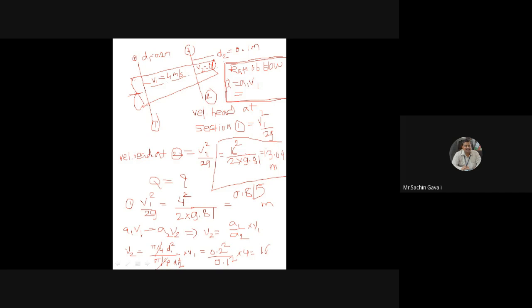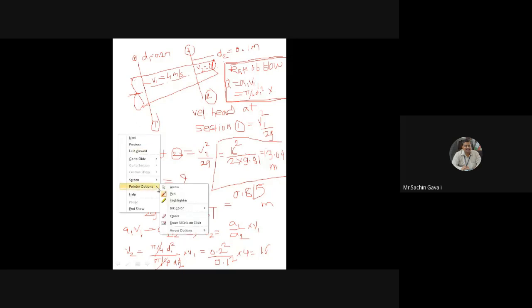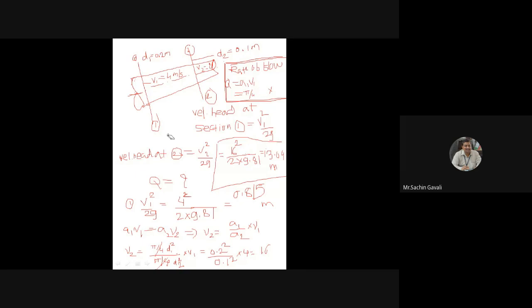A1 you can now calculate as pi by 4 d1 square into V1.